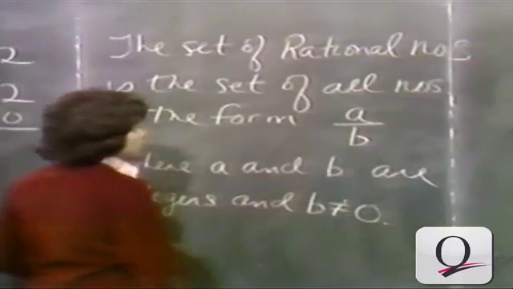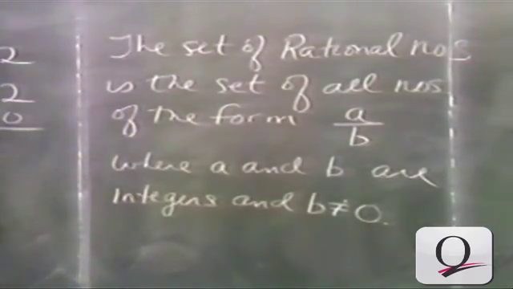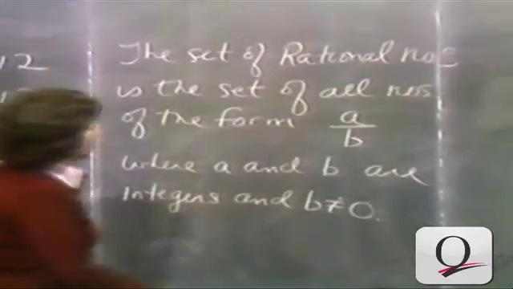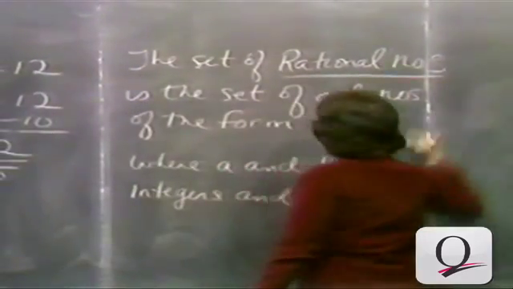We wouldn't want b equal to 0. That would be division by 0. From now on, we will be working with the set of rational numbers.